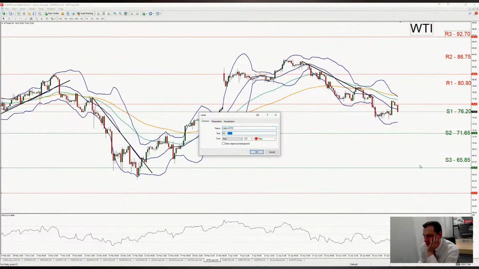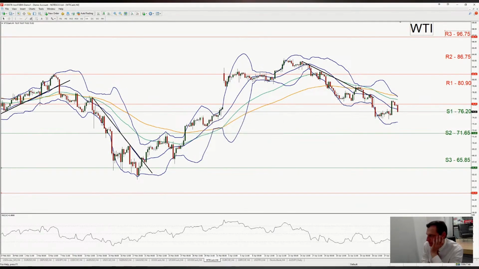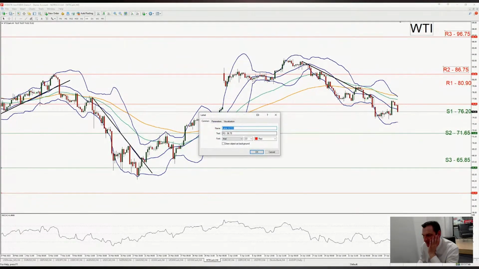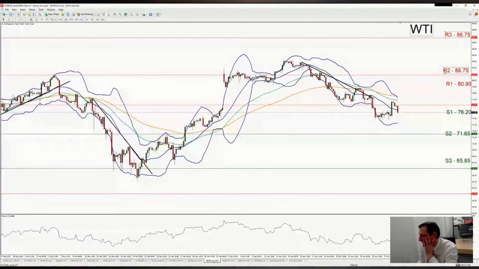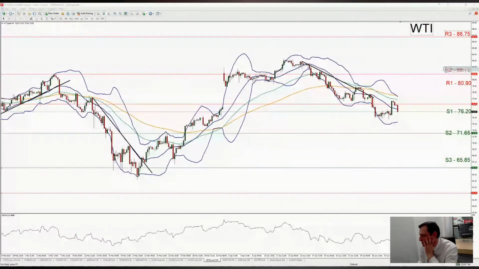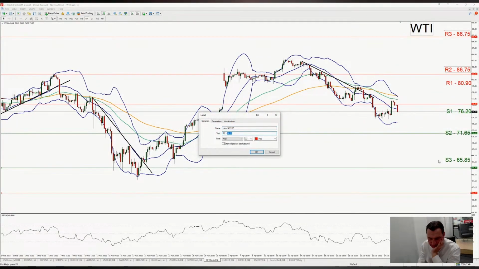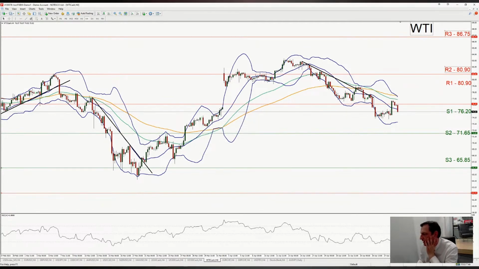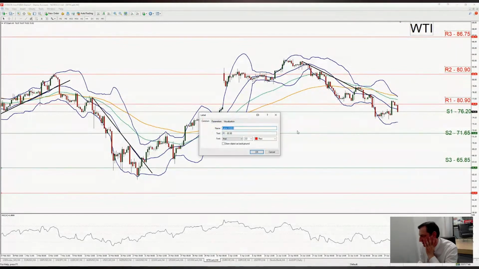The R3, which is now being placed at 96.75. The R2 at 80.90. Sorry, that's 86.75. My mistake, sorry. 80.90, $6 lower, almost 7. Yeah, $6 lower. And the R1, 76.20.